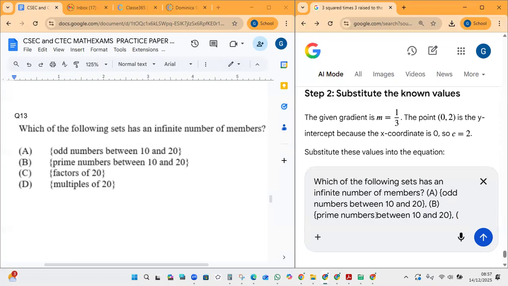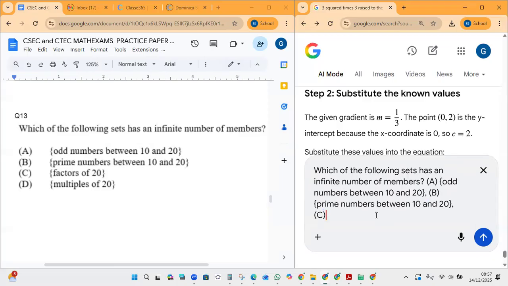C, factors of 20. And D, multiples of 20.